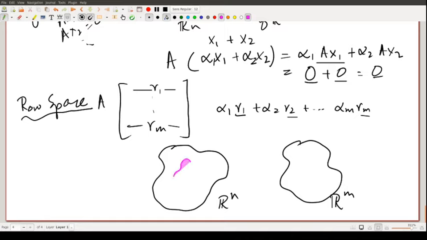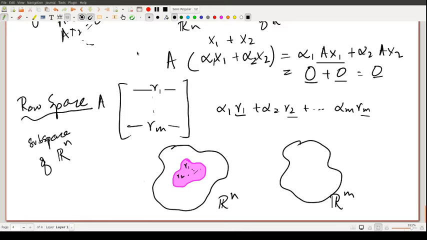So the row space contains all of the linear combinations of R1, R2 and so on, and this row space is also a subspace of Rn, okay?